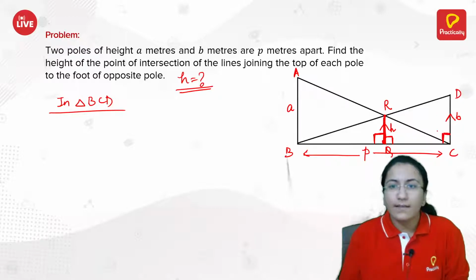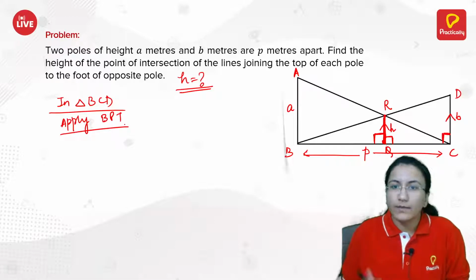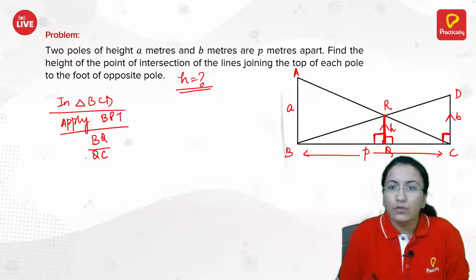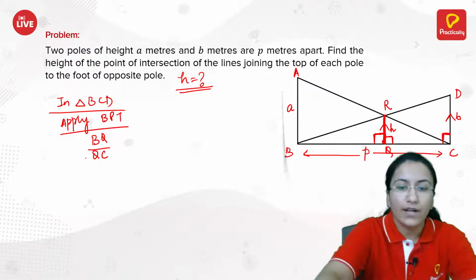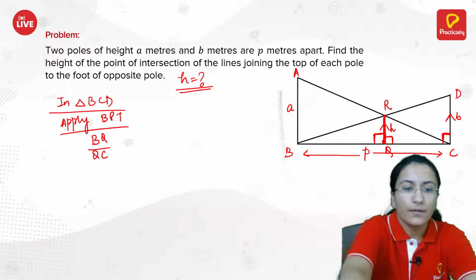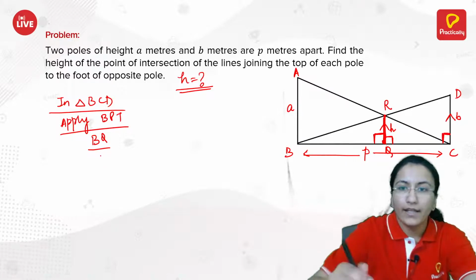If these lines are parallel to each other, you can apply BPT, the basic proportionality theorem. You can use an advanced version of this BPT, so you will have BQ by BC.